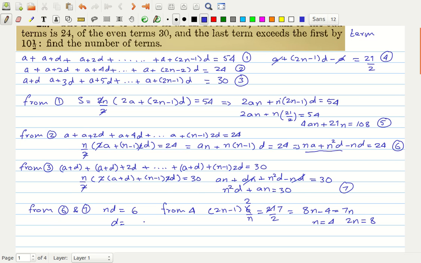D is equal to 6 by 4 or 3 by 2. Once you know d, you can also find out the value of a, right?